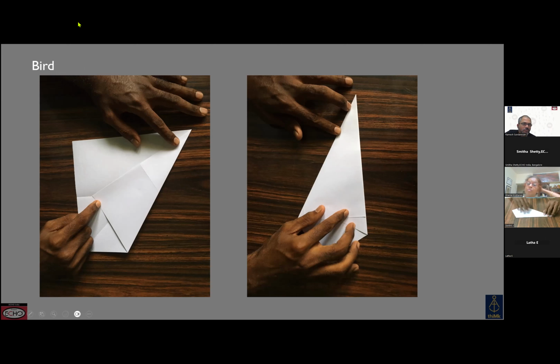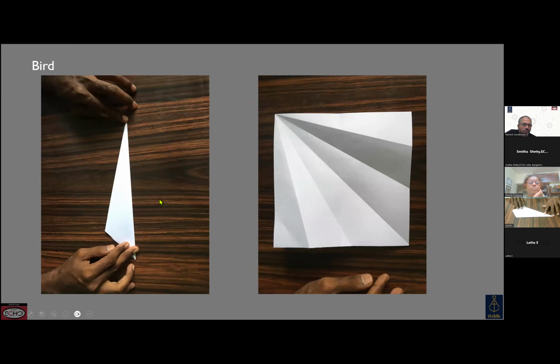And the next. Yes. And we fold this. By the time it finishes, once we do this and then you open up, you see some things like there is one cross line also like this.